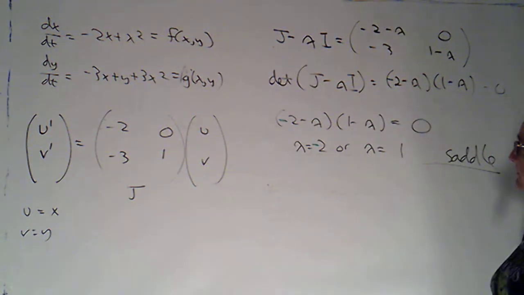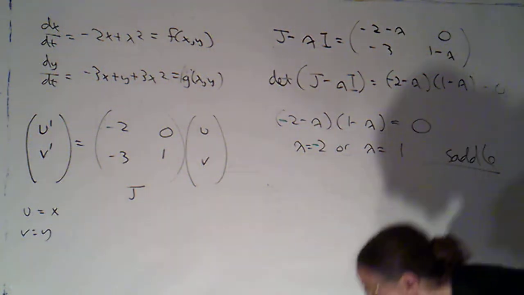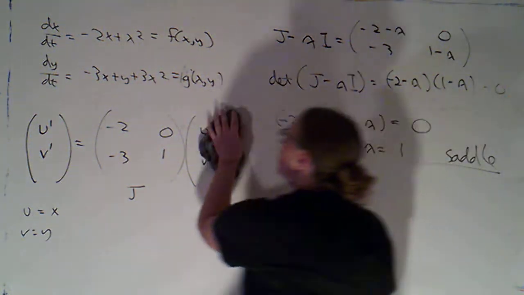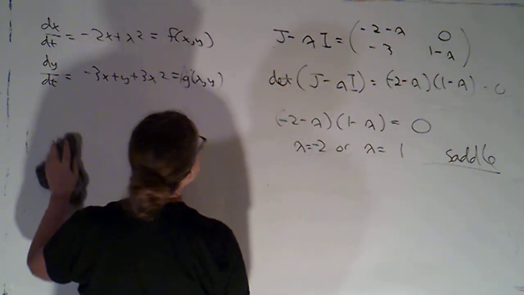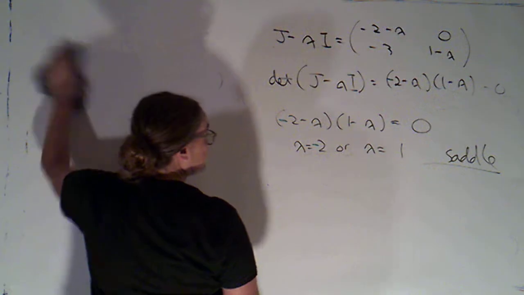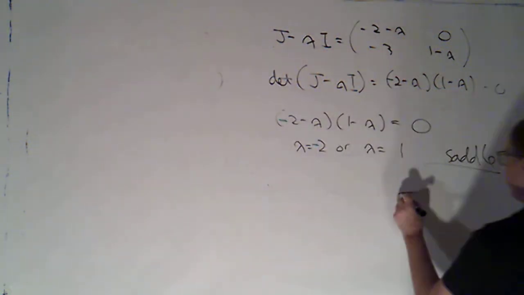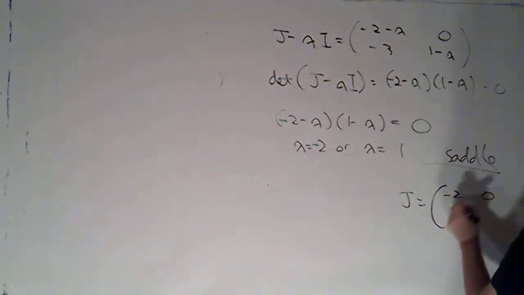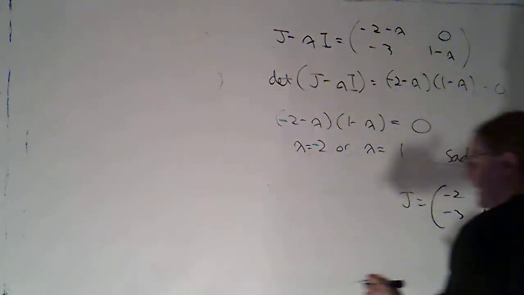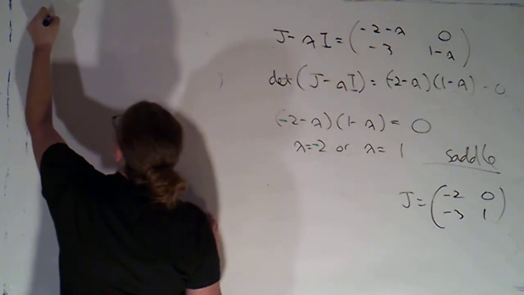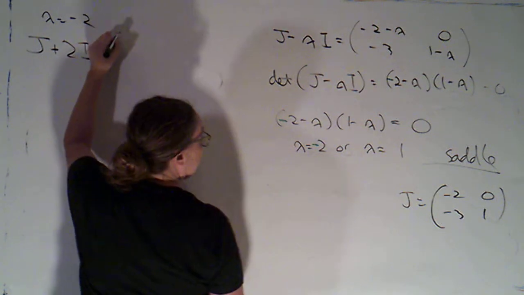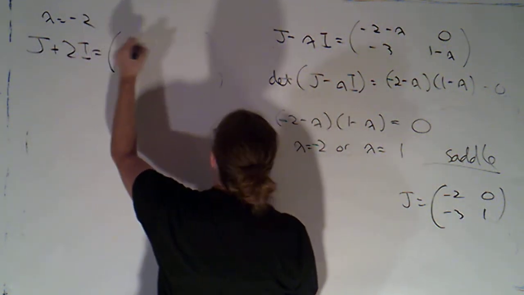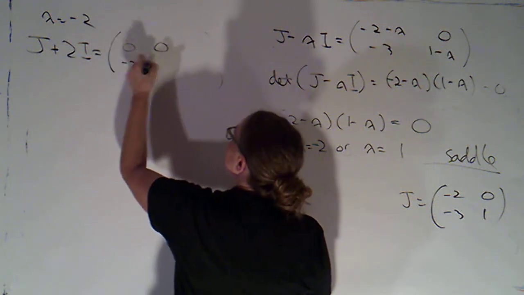All right, but I want to get a phase portrait in the UV plane. So I want to find my eigenvectors that correspond to my eigenvalues. So let's see, I think I need to have J written down somewhere just so I don't lose it. Okay, so if lambda is negative 2, I can look at J plus 2I, and that's going to be 0, 0, negative 3, 3.